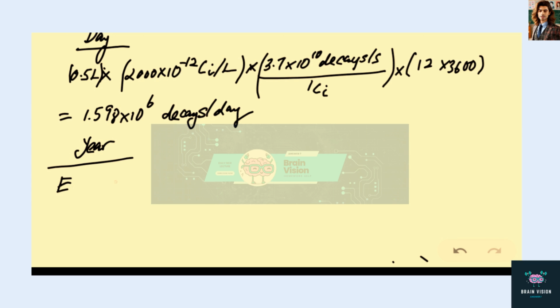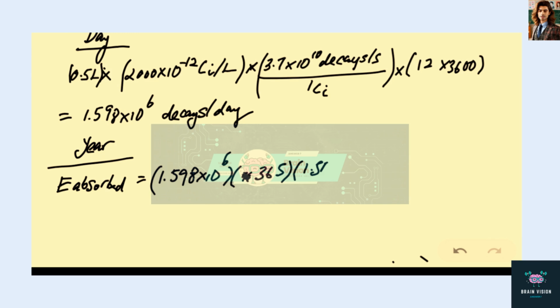So the energy absorbed in a year: we take the number of decays in the day, multiply that by the number of days in a year, that is about 365 days, and then multiply that by the energy that's released per decay, that is 1.5 MeV.